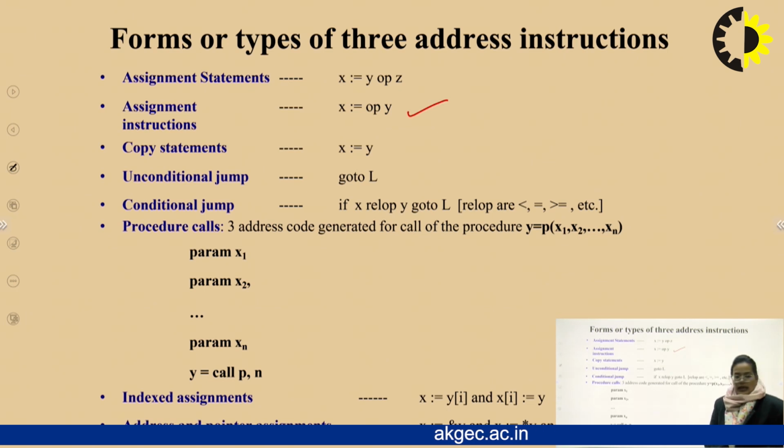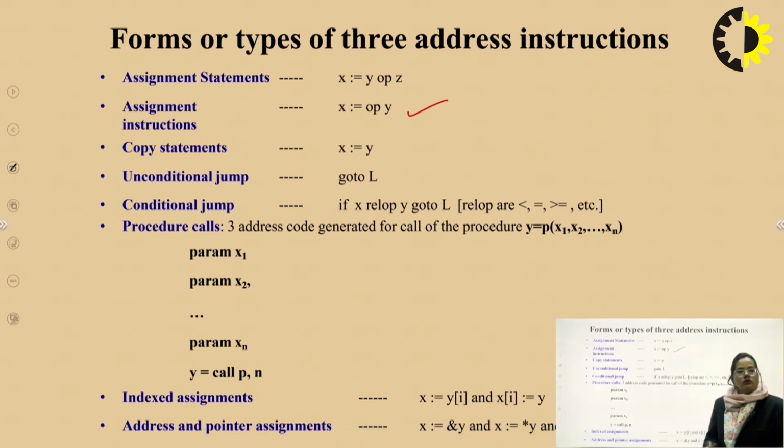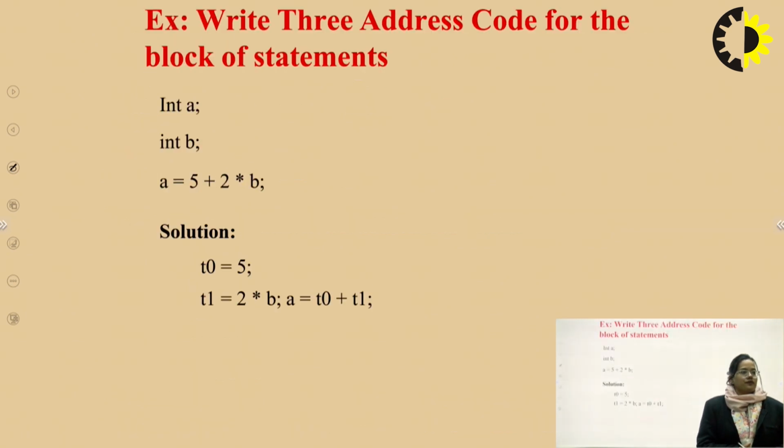And index assignment x = y[i] and x[i] = y. Address and pointer assignments: x = address of y, x = star of y, and star of x = y. These are the forms and types of three address instructions.